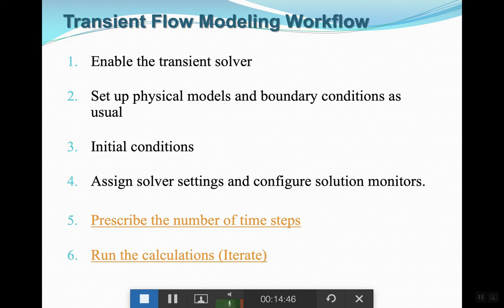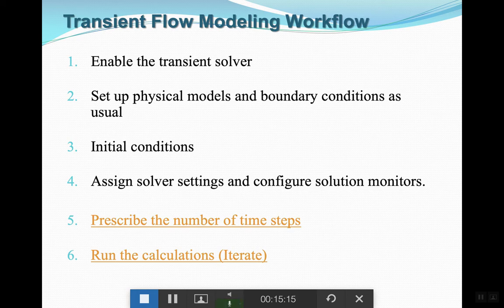You will set up your physical models, in terms of whether you have any reactions, combustion, turbulence, or non-Newtonian viscosity, and so on. These parameters have nothing to do with your transient simulation, so you would set those as well as your boundary conditions. Number 3, and this is an extra step, you would set initial conditions for your system. Now we have to explain this a little bit.